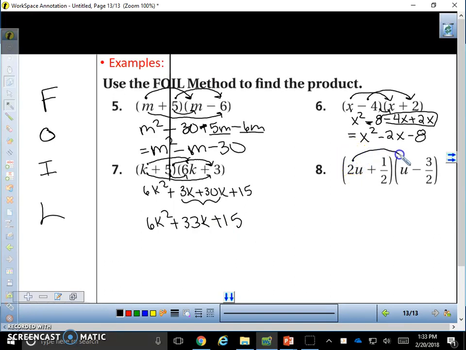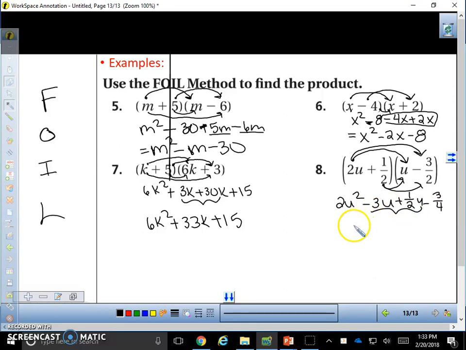First to first, 2u squared. Outer, 2u times negative 3 halves, which is negative 3u. Inner, 1/2 times u, plus 1/2 u. Last, 1/2 times negative 3 halves: 1 times 3 is 3, 2 times 2 is 4.